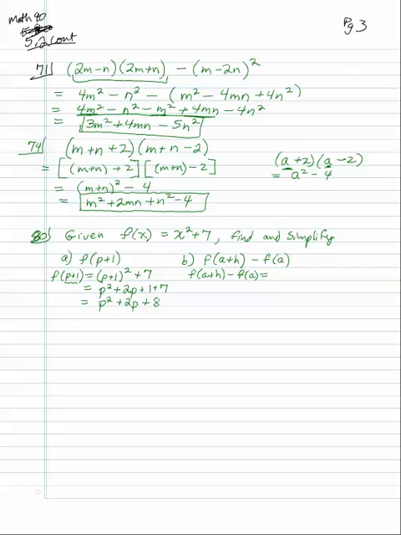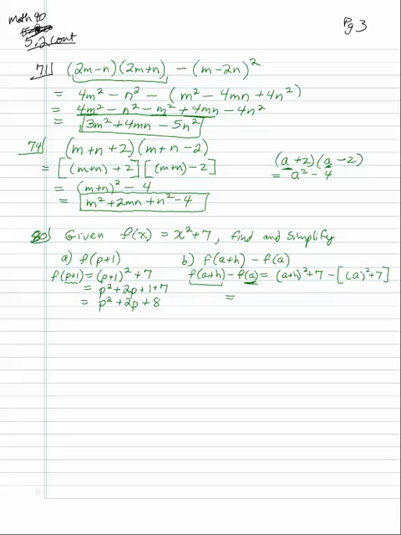That's going to be equal to, so wherever, for f of a plus h, that's going to be x squared plus 7 minus x squared plus 7. So for the first one, a plus h, I put in a plus h for the x. For the second one, I just put in a for the x.